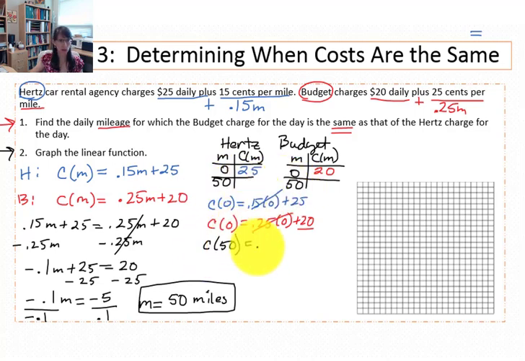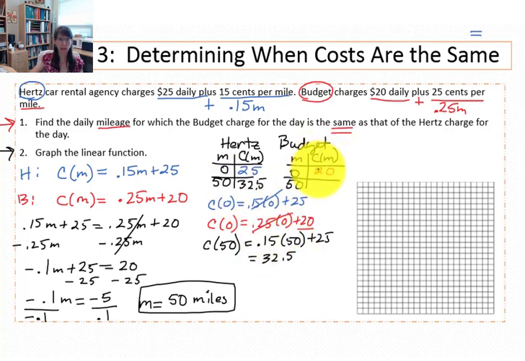So C of 50 for Hertz represents 0.15 times 50, add 25. So 0.15 multiplied by 50 is going to give us 7.5 added to 25, so that's 32.5.